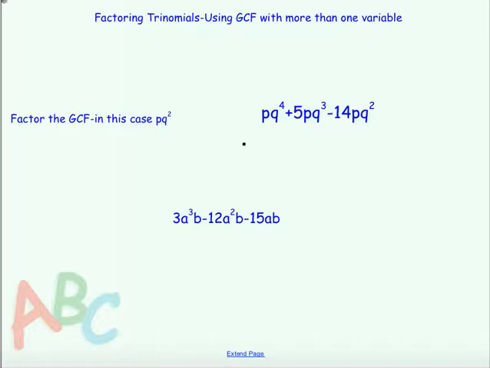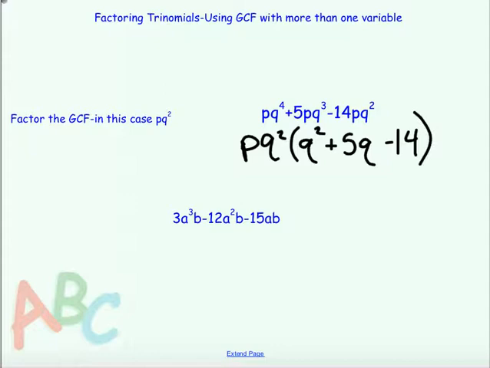Now we can take out a p from each of the terms, and also a q squared, which means that inside of our parenthesis we have a q squared plus 5q minus 14, which means that we can then continue to factor this. It makes it a whole lot easier by factoring out that greatest common factor first. And we get a q plus 7 and a q minus 2.